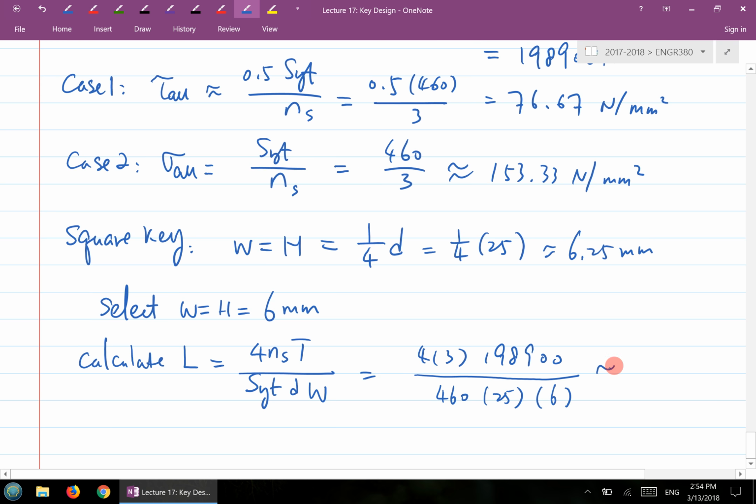And you end up with 34.6 millimeter here. That's the length of the L.